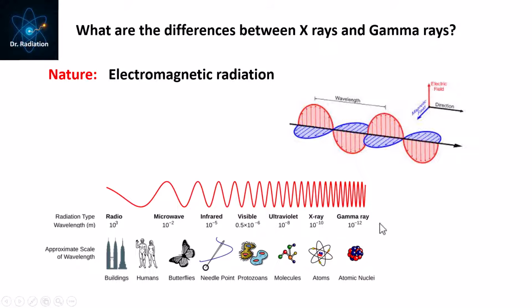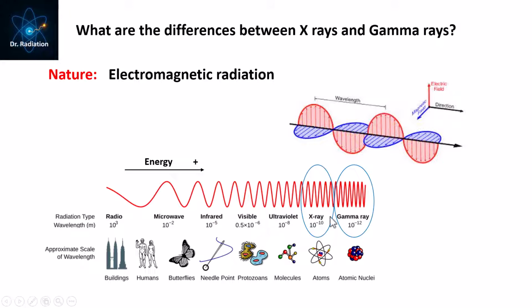X-rays and gamma rays have the shortest wavelength in this spectrum. And of course, they have the highest energy. When we have a shorter wavelength, we have a higher energy. But what I need to tell you is that this is not something that you can generalize.